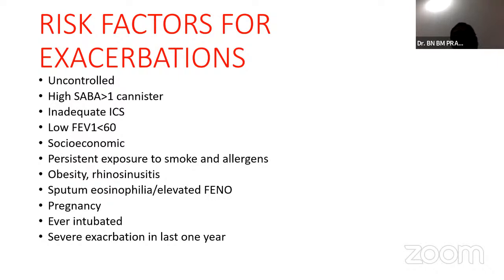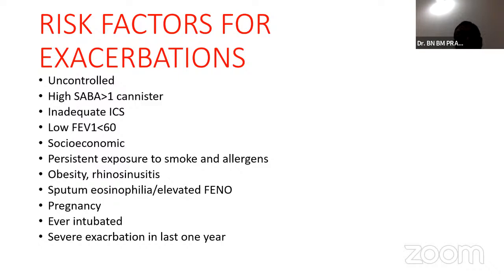And those who have a persistently low FEV1, that is forced expiratory volume at 1 second, if it's less than 60, that means 60% of the predicted value, again, you may have the predisposition for the severe attack. Socioeconomic factors, persistent exposure to smoke, allergens, obesity, especially in middle-aged females who have obesity, gastroesophageal reflux, sleep apnea syndrome, they are more likely to develop severe attacks of asthma.